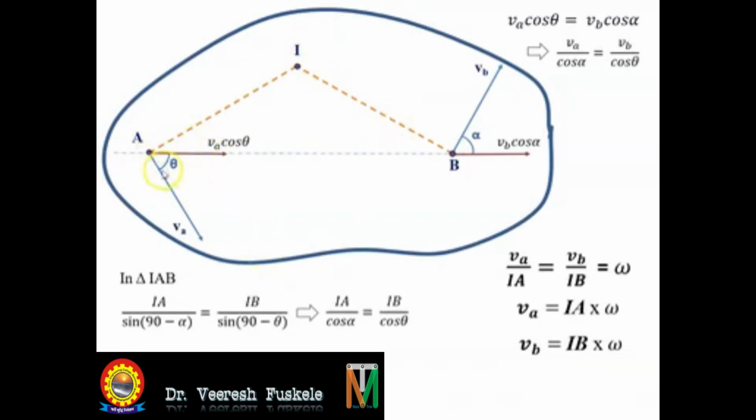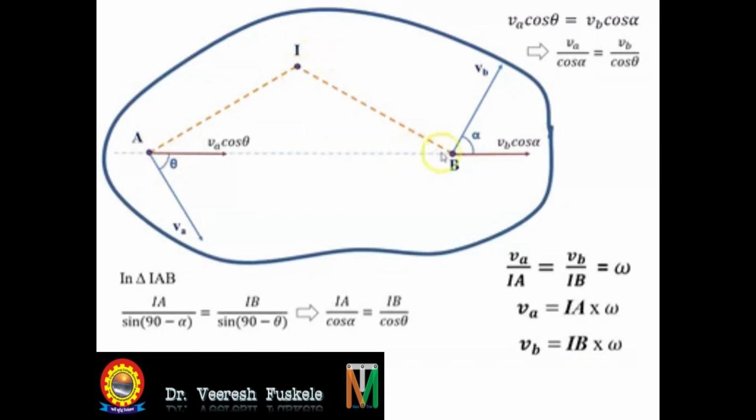From geometry we can understand that the velocity of A along IA will be 0 as the angle will be 90 degrees, and as I and A are 2 points on the same rigid link, the velocity of I along IA is also 0, because the relative velocity of A and I along AI is 0. The velocity of I with respect to A along AI is also 0. So the velocity of I along AI is 0.